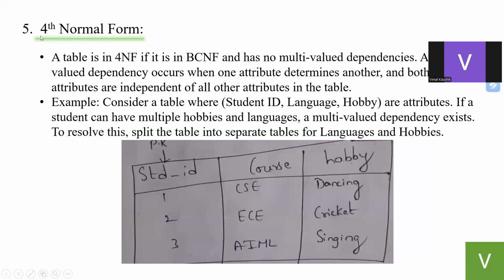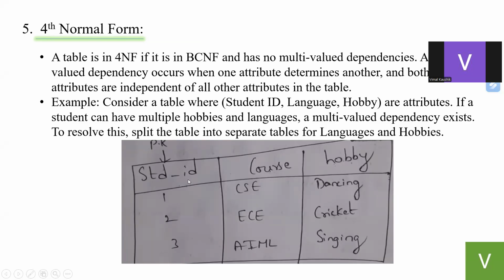Now let us look into the fourth normal form. A table is in fourth normal form if it is in BCNF as well as has no multi-value dependency. For example, let us consider this image. This image consists of three fields. First one is student ID, course, and hobby.